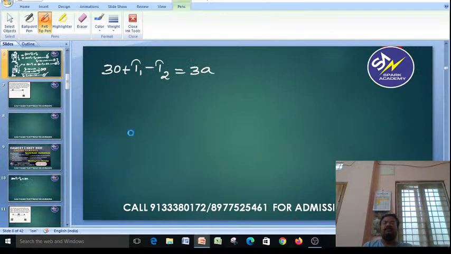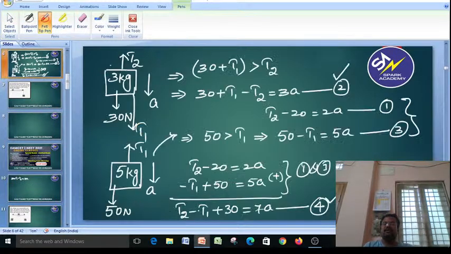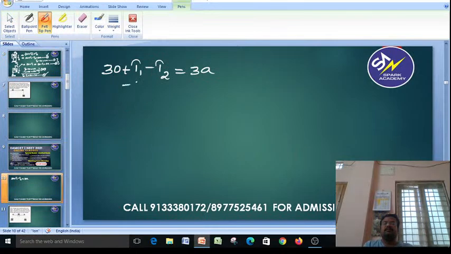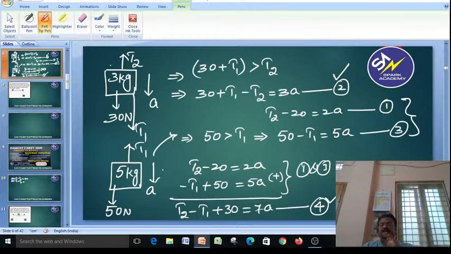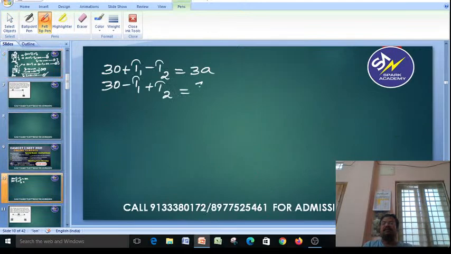And the other equation, the fourth equation: minus T1 plus T2 plus 30 is equal to 7A.